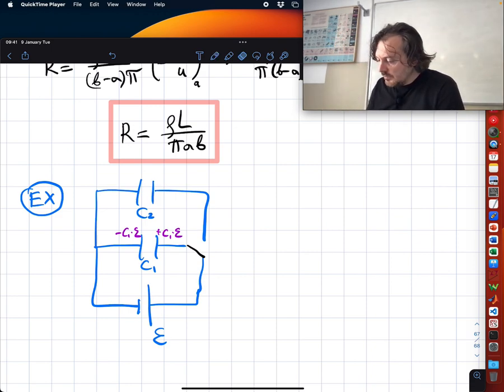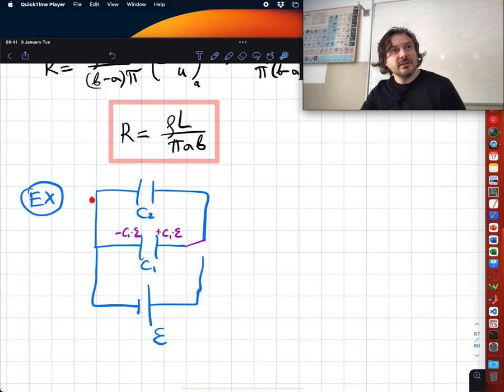But then, when you switch over here, the tricky bit is that when I told you about capacitors in series, I told you that there is a part of the circuit that is independent, so the Q's must be the same and things like that.